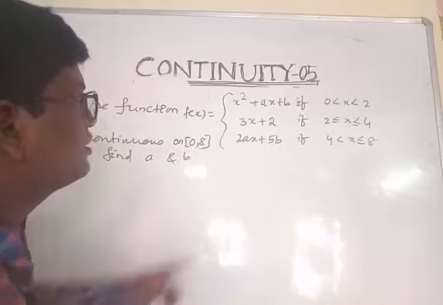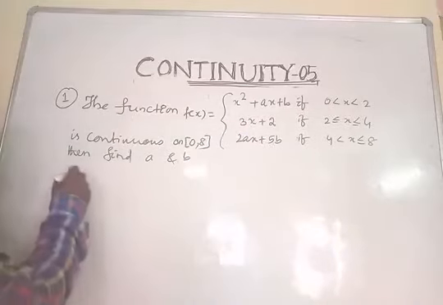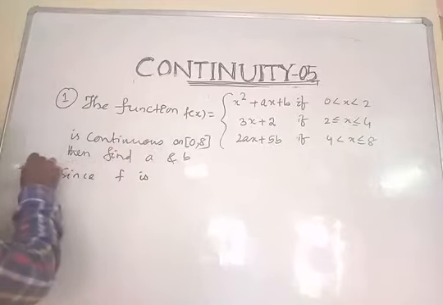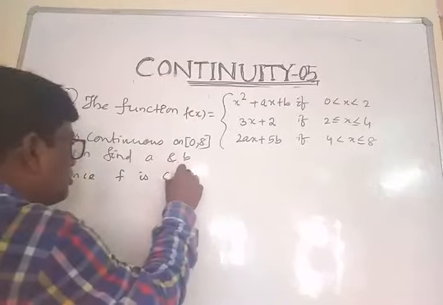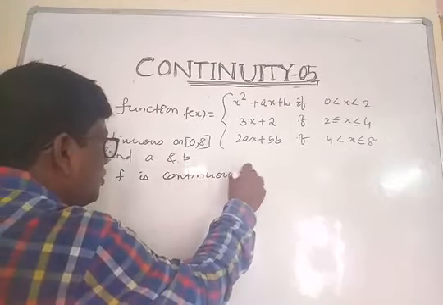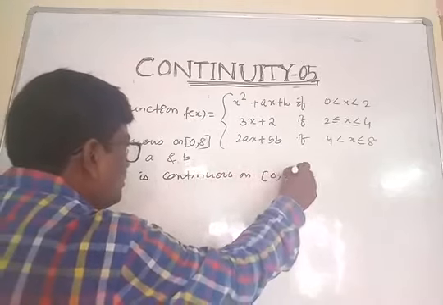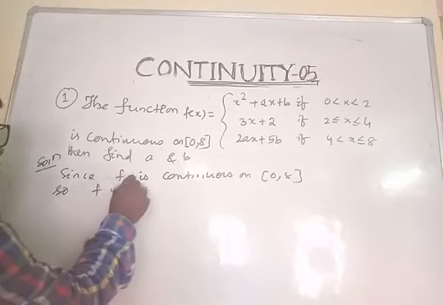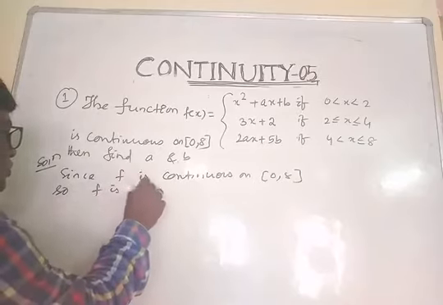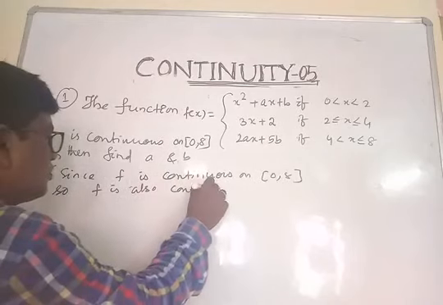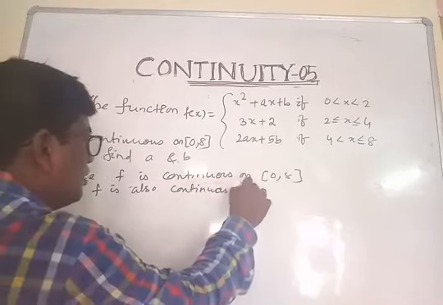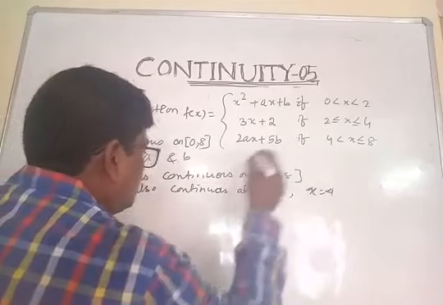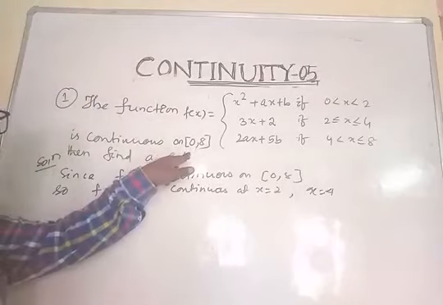Now consider x is 2 here. Since f is continuous on 0, 8, f is also continuous at x is equal to 2 and x is equal to 4, since 2 and 4 lie in the interval.